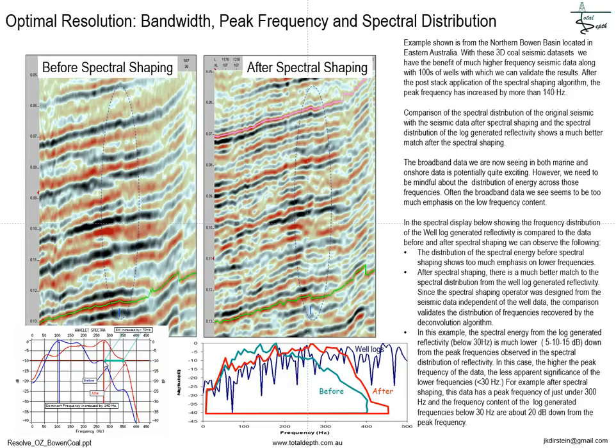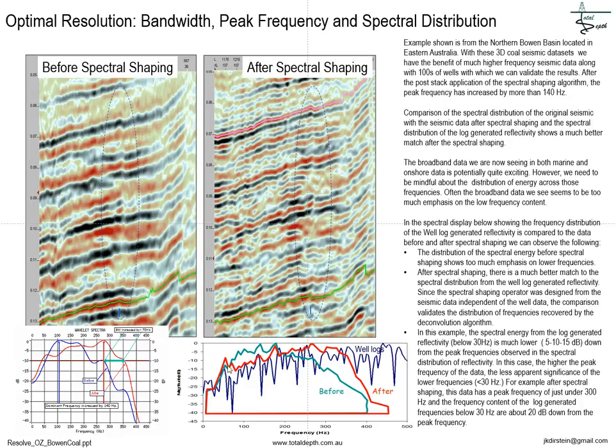Now, what I want to draw your attention to now is the data spectral displays on the right-hand side here. In the dark blue, we see the spectral distribution of the well-log generated reflectivity. We can see the spectral distribution of the frequencies in the seismic data before spectral shaping.